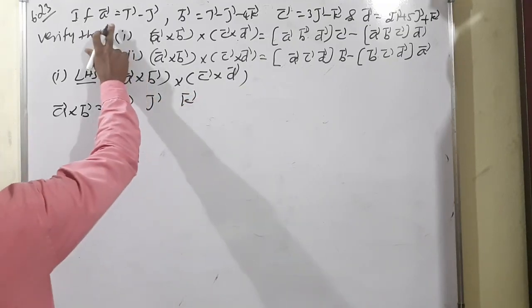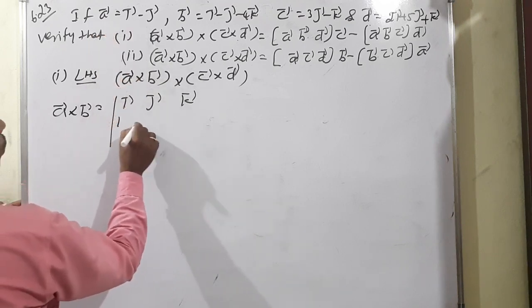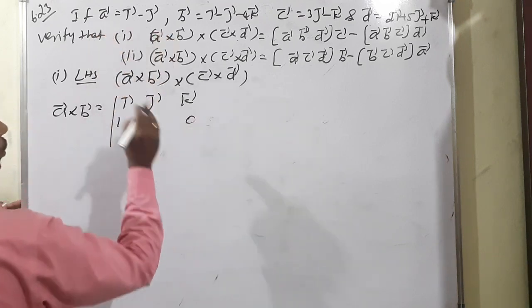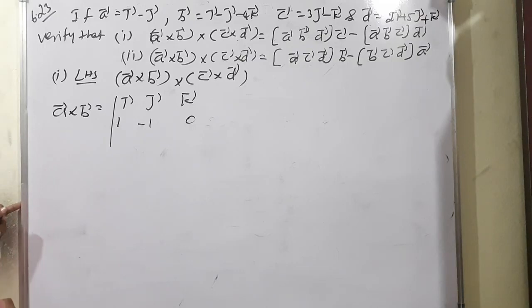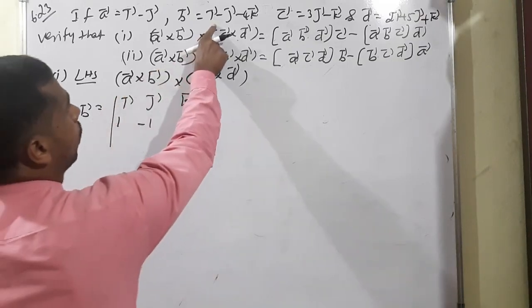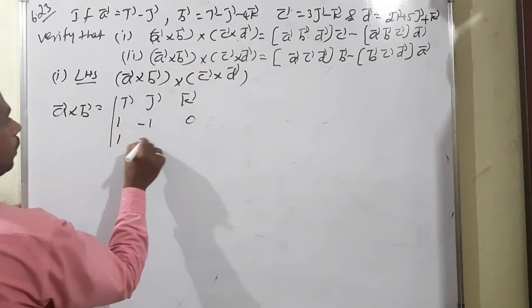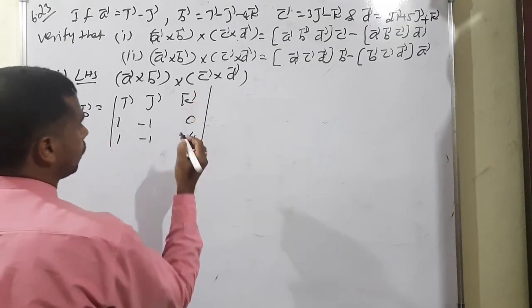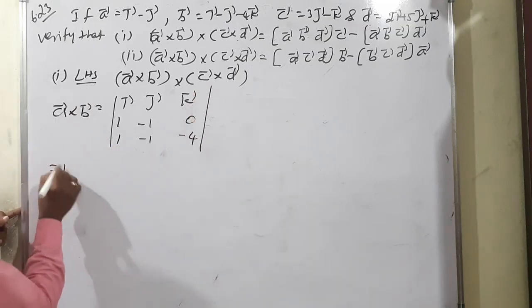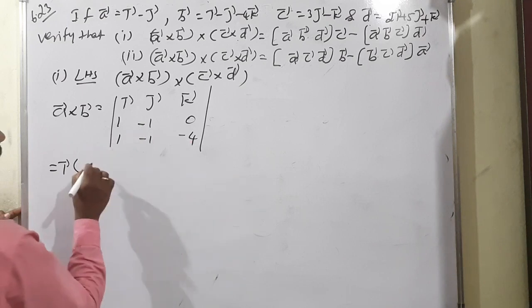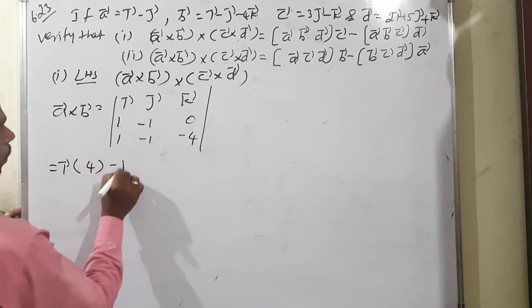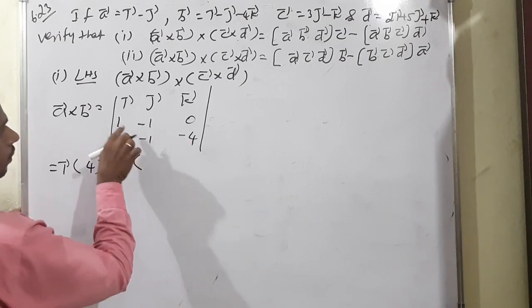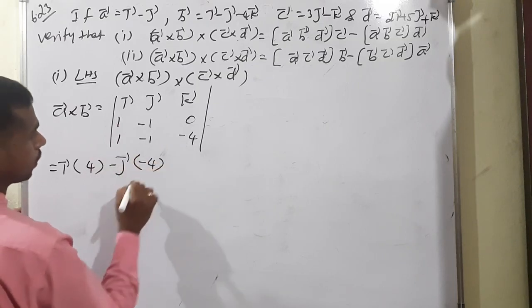So, a vector is equal to i minus j. I minus j means 1 minus 1, k there is nothing to value, that is why I have written 0. Then b vector means 1 minus 1 minus 4. The next condition, simplify now, i vector means minus 1 into minus 4 means positive 4, minus j vector means 1 into minus 4 means minus 4.